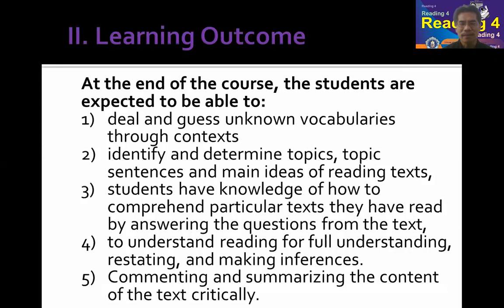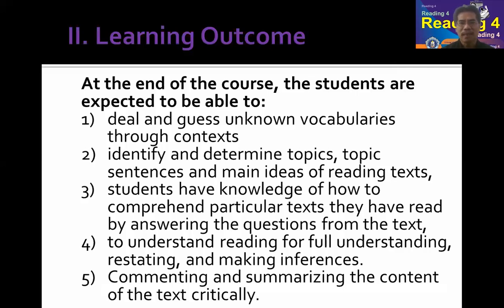Okay, reading the text, and then after understanding the whole text, you are also able to restate what the message is about, and you also make some inferences, making conclusions from what you have read.